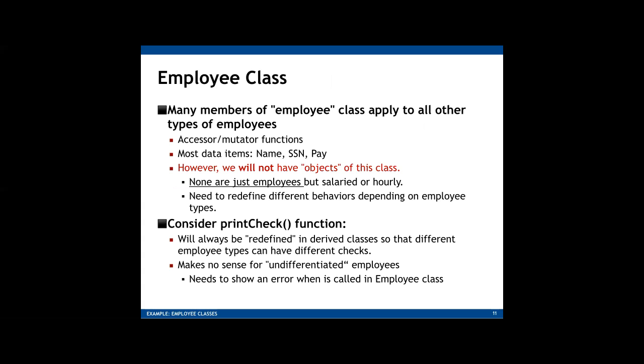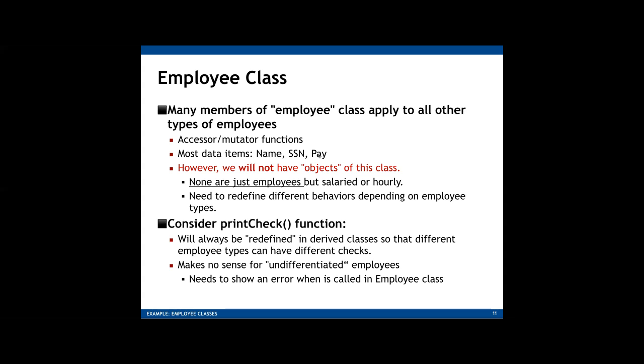So let's first define the employee class. As I explained in the previous slides, the employee class contains common properties that all other types of employees have. So I will include data such as name, SSN, the social security number, and pay in this employee class.